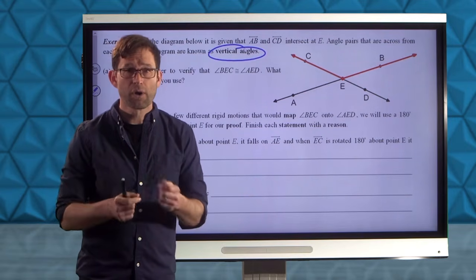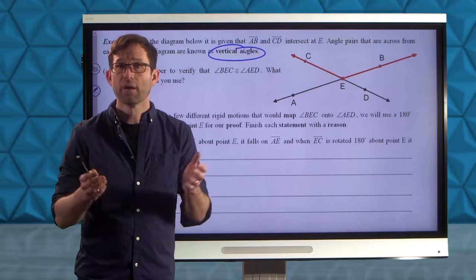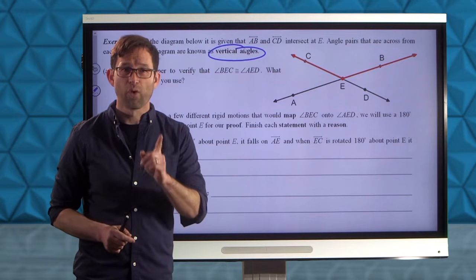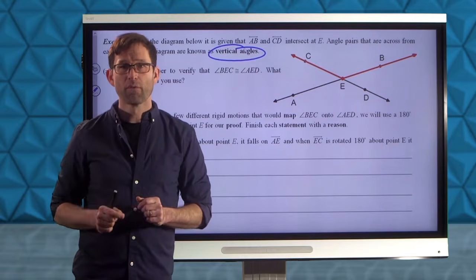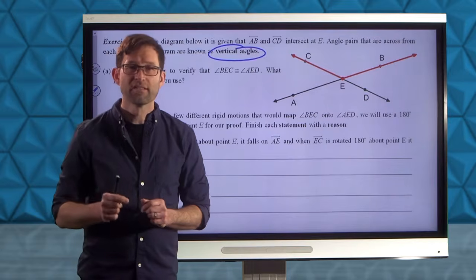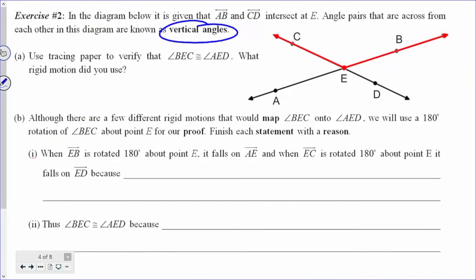Now we could certainly experiment with that with our protractors and things like that, but we're going to use rigid body motions right now to prove that a pair of vertical angles are congruent, are equal in measure to each other. Let's take a look at letter A. Use tracing paper to verify that angle BEC is congruent to angle AED.